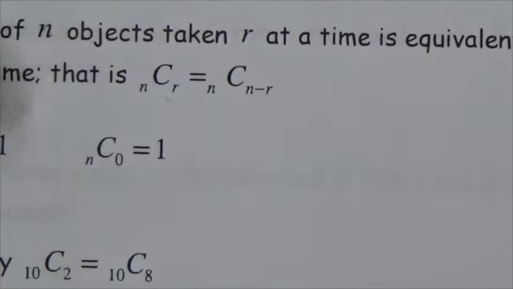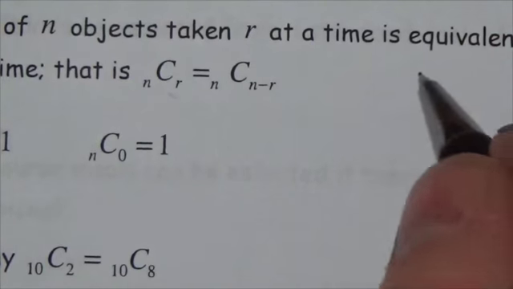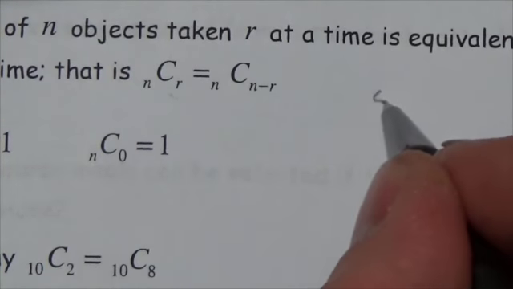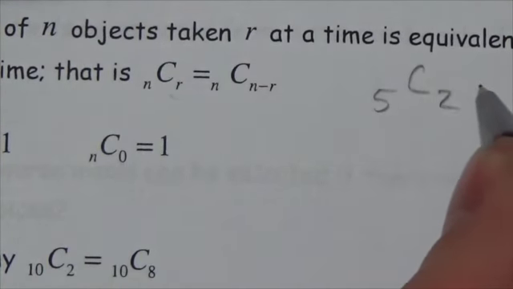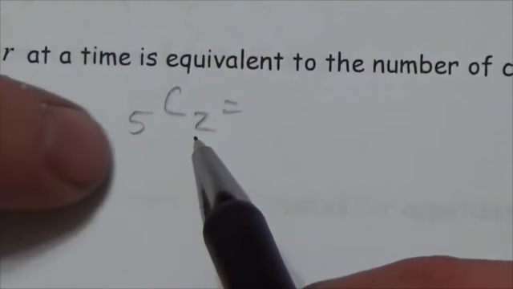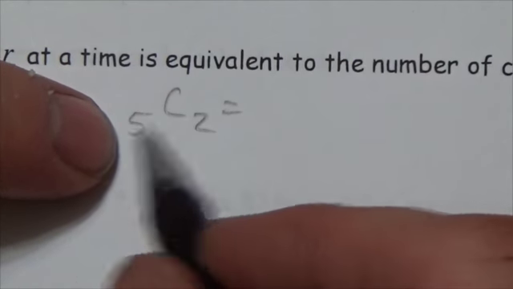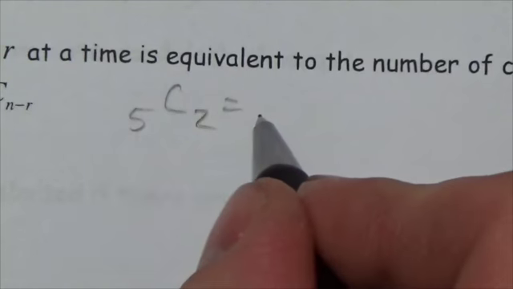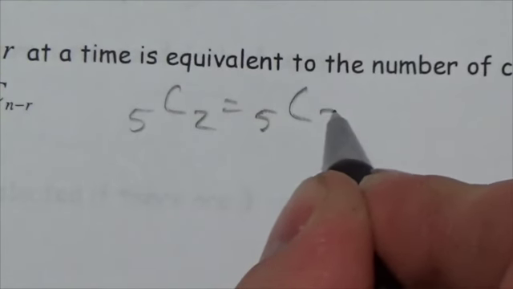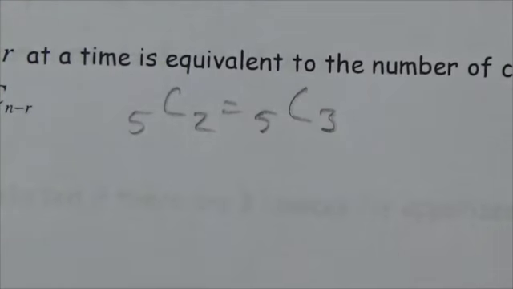For example, let's say there are 5 different candy bars on the shelf and I'm choosing 2 of them. Choosing 2 bars to take gives exactly the same result as choosing 3 bars to leave behind.